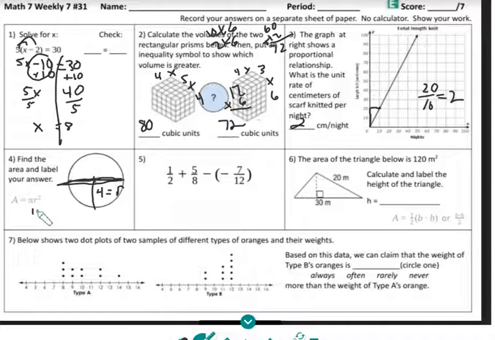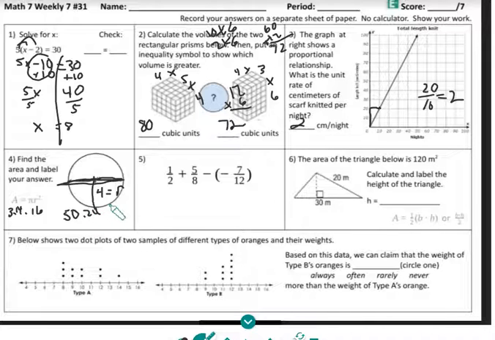So we have to do 4 times 4, because that's what squaring does, and that would give me my 16, and we're doing that times 3.14. So I look at that as 314 times 16, and that one's going to come out to 50.24.